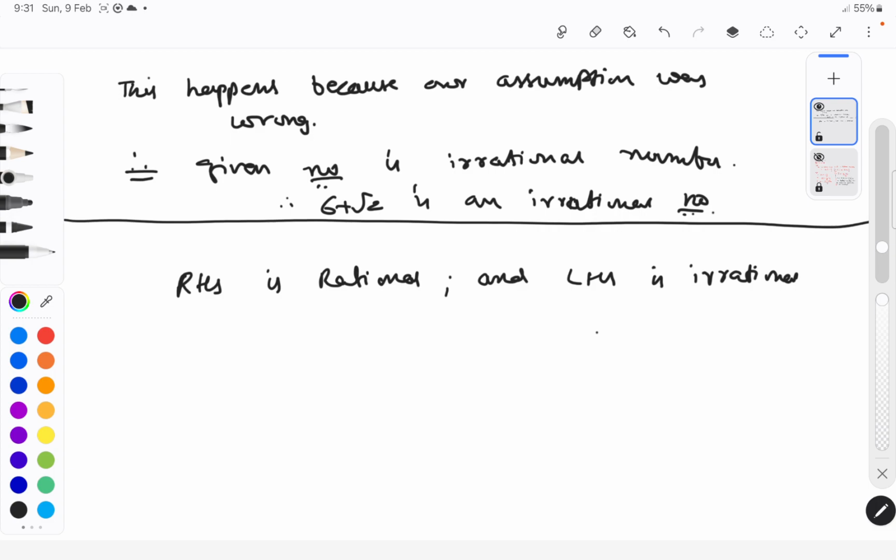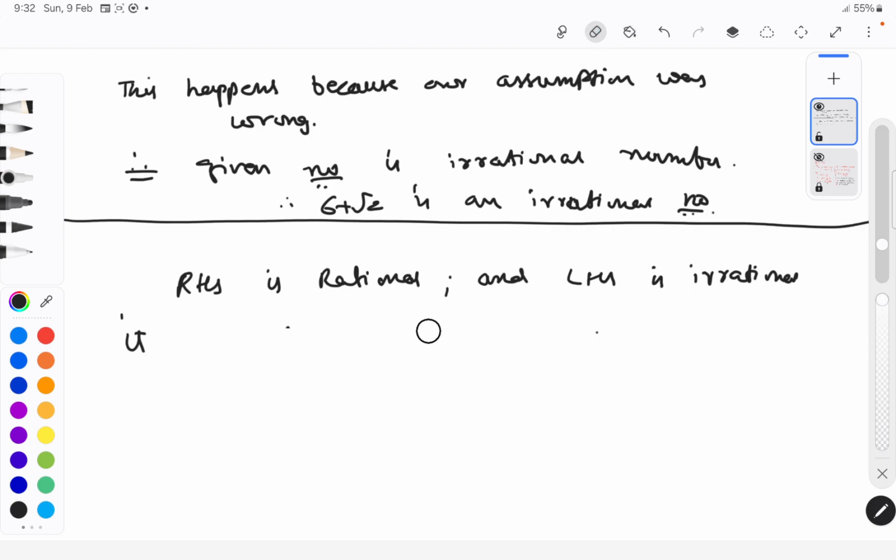Then we can say that it contradicts the fact. We'll make it a little bit more simple. This is our own sentence, student.